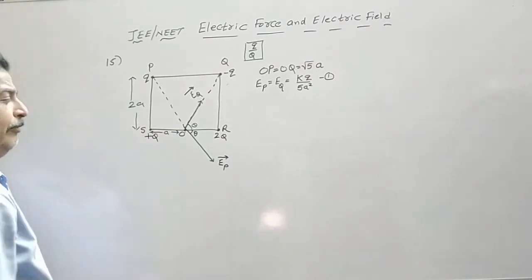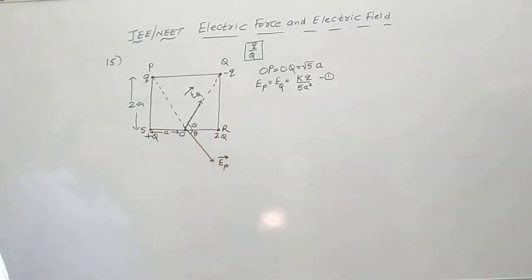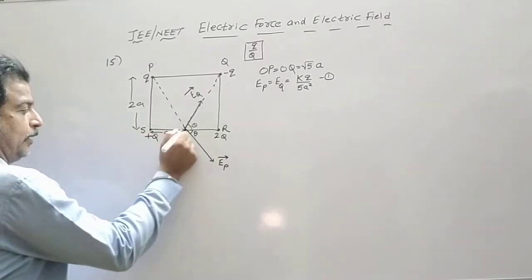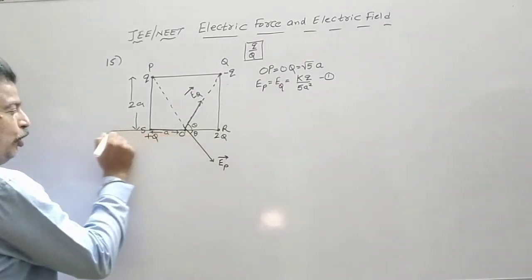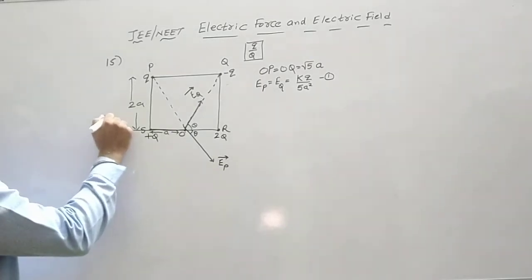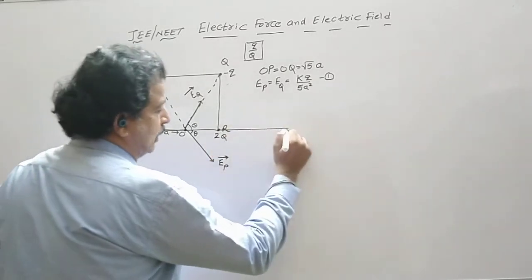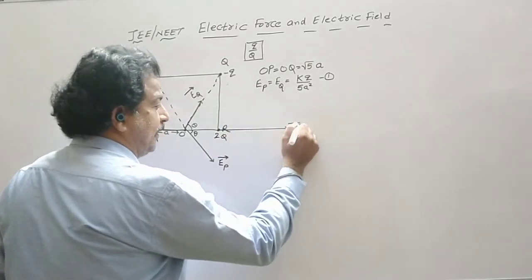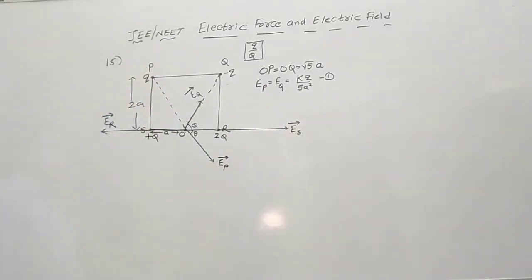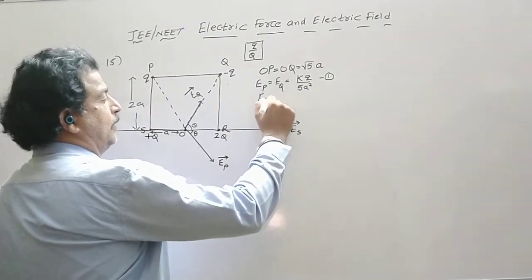Now the force due to the charge on R. It will be repulsive. Let us draw a line from this point. This is ER. And due to this plus Q, the field is in the direction ES, that is the repulsive force. We write the magnitude of ER and ES.